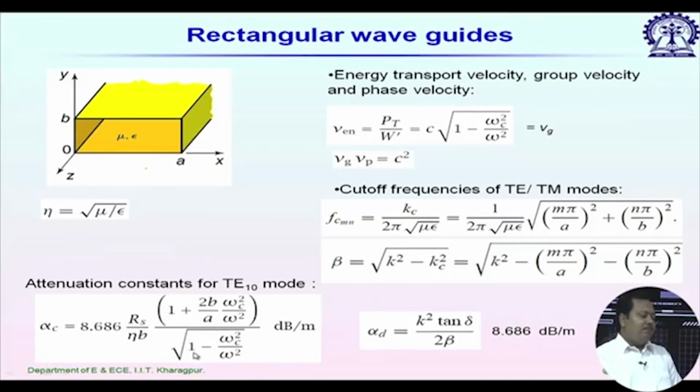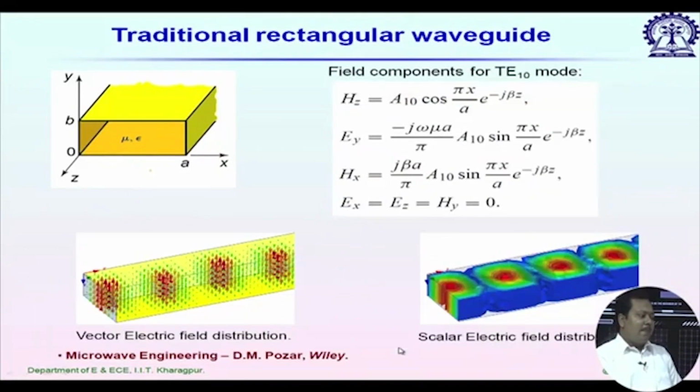So, at cutoff alpha c becomes infinite. As we increase frequency, alpha c decreases. Alpha d is equal to k squared tan delta by twice beta, but at cutoff again beta is 0. So, alpha d is also infinite at cutoff frequency, and it is a function of frequency as well. So, we see that alpha c and alpha d are both functions of frequency.